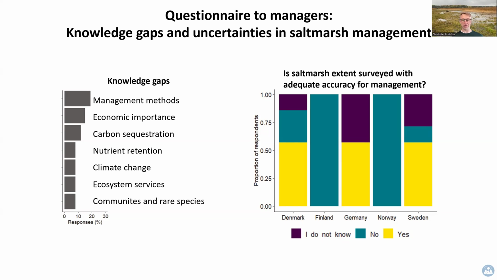There's a lot of I don't knows and a lot of no. There's some yeses, but overall there seems to be not enough data and some confusion about the major functions of these systems. And that's why NordSalt really comes in here and contributes a lot to fill these knowledge gaps. Next slide.